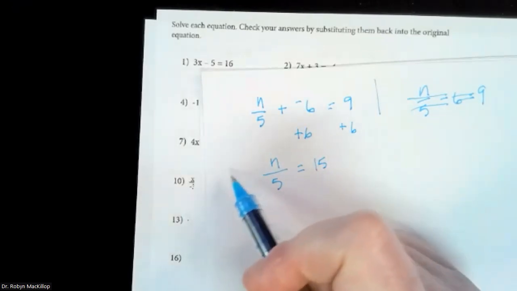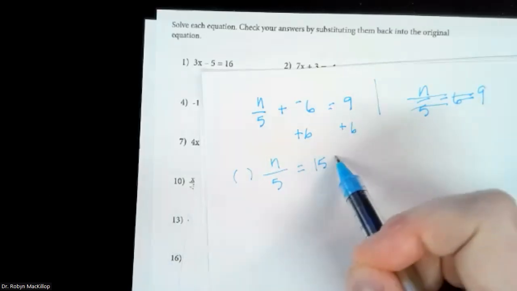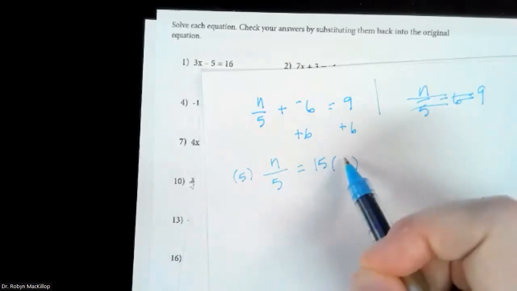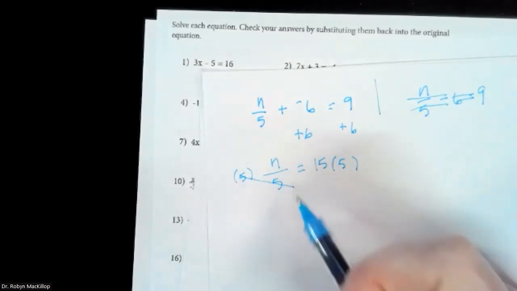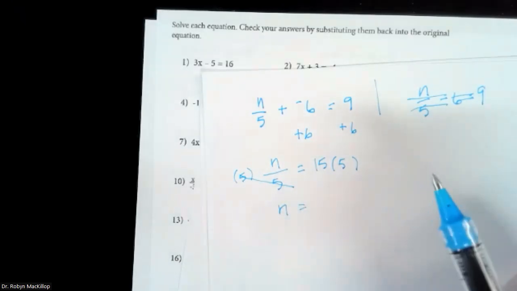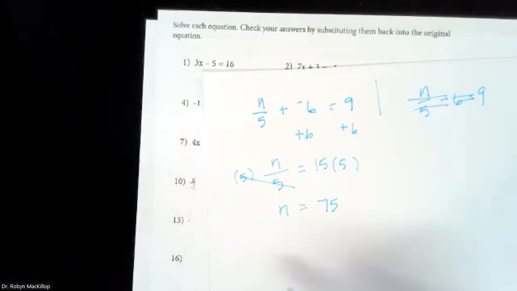Now we're going to multiply by 5. Multiply both sides by 5. This cancels, it's gone. Leaves you n equals, and I believe 75. Thank you. I was going to do it in my head. That is never a good idea.